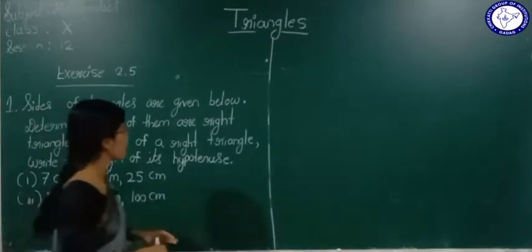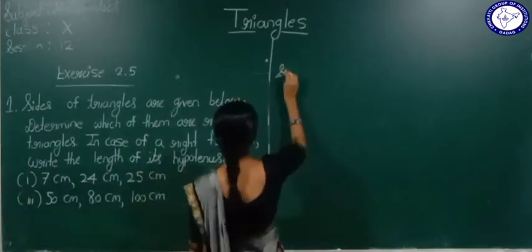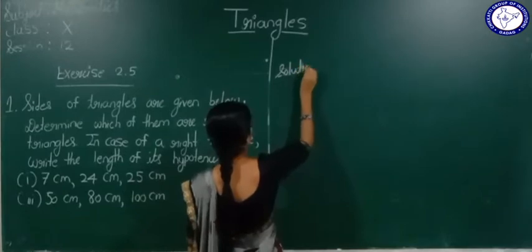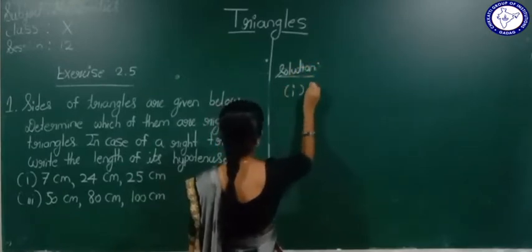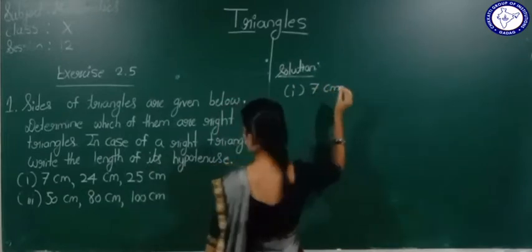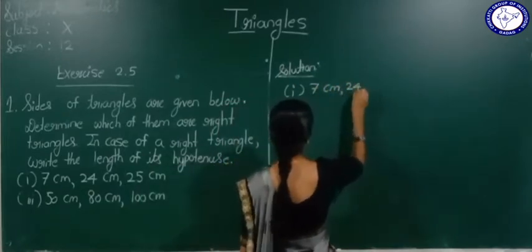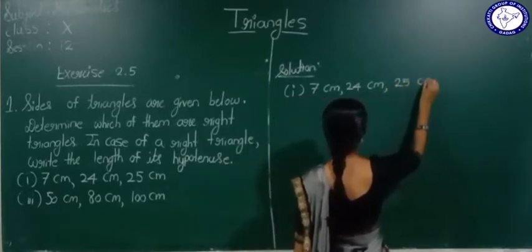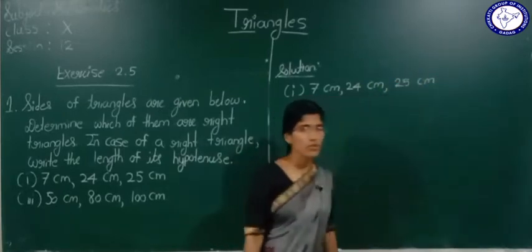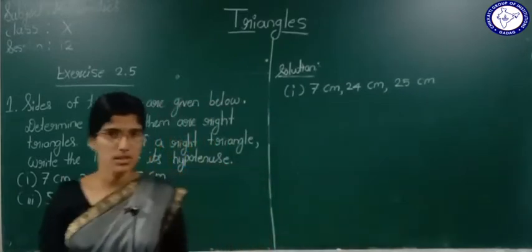Okay. See here, first one, solution. First one: 7 centimeter, 24 centimeter, 25 centimeter. So we know the Pythagoras theorem, right?